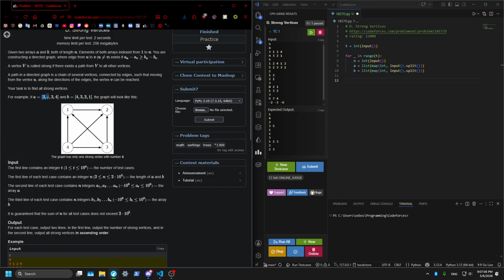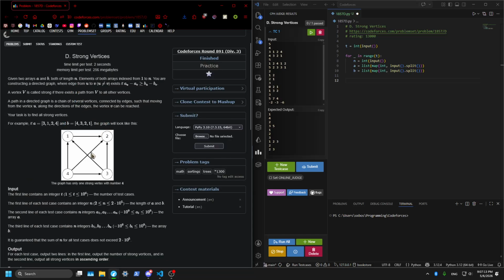Huh? I don't really get it. I don't really get how to create these. Edge from U to V exists if AU minus AV is greater than BU minus BV.